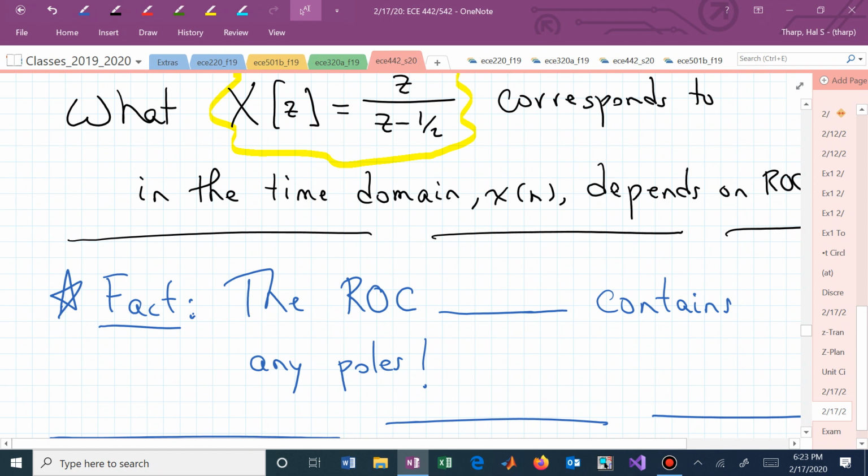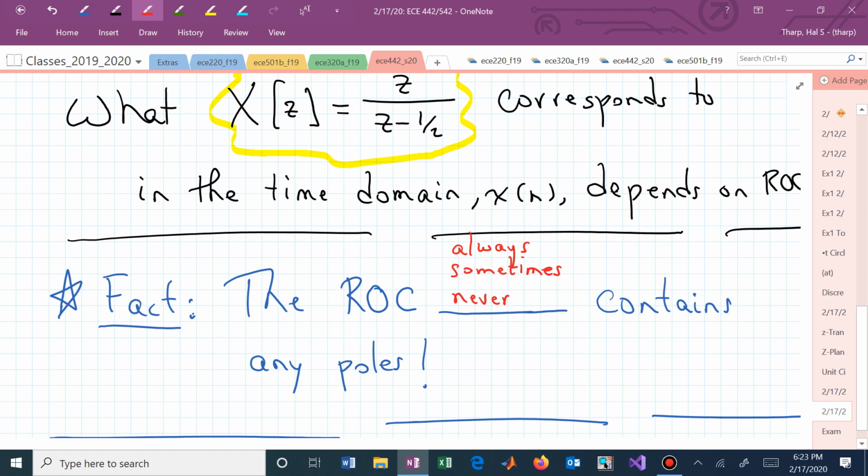All right, fact. The region of convergence, and now I know that you enjoyed the quiz so much. Let me give you another one. Let me say always, sometimes, and never. The region of convergence, one of these three choices.